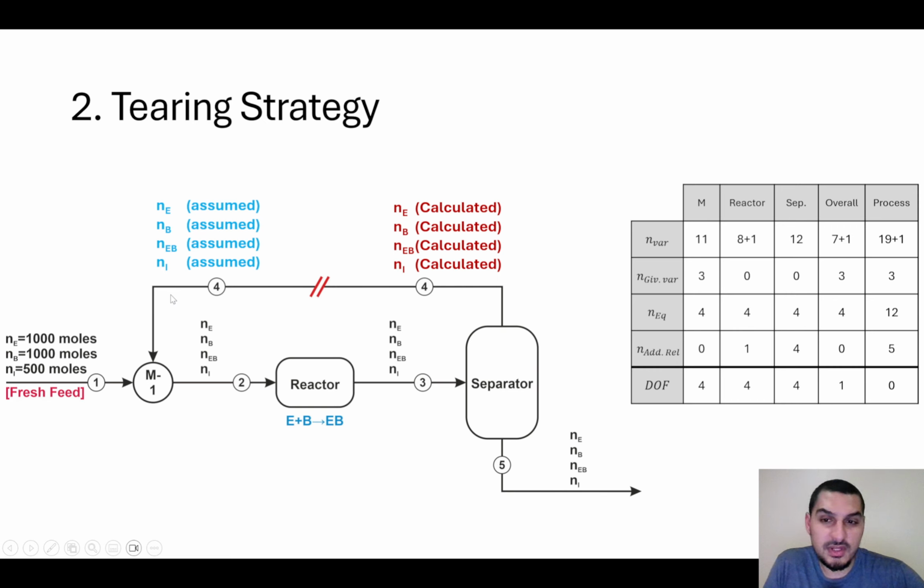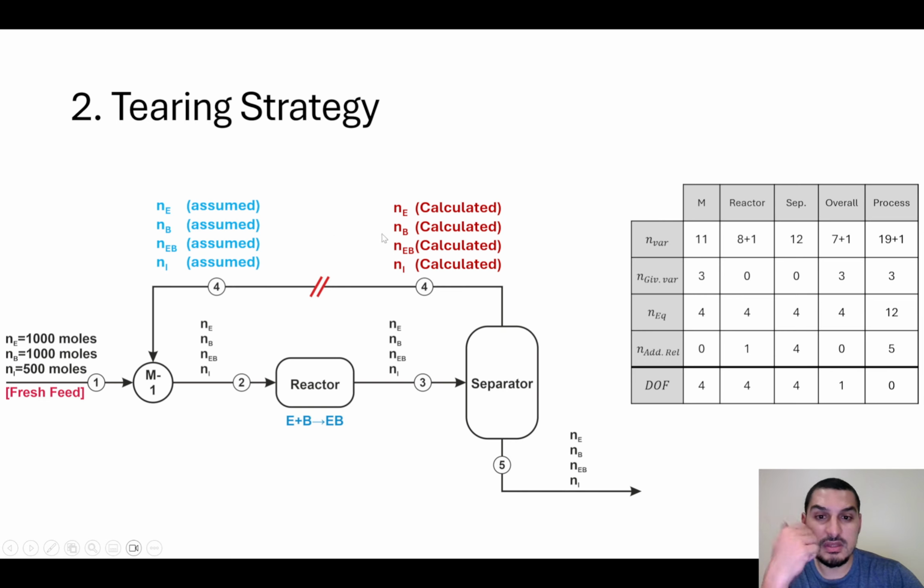But this is very unlikely to happen. So what will happen is that the numbers that I calculate would be different from the numbers that I assumed. So what I would do, as I told you in the beginning, this is a trial and error. So I try, and then this try is not correct.